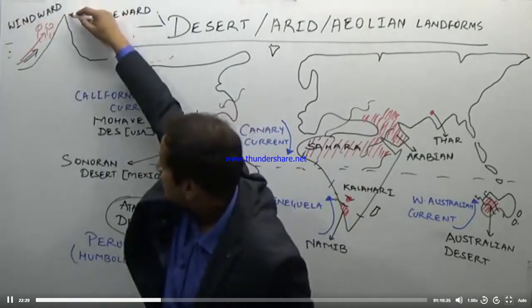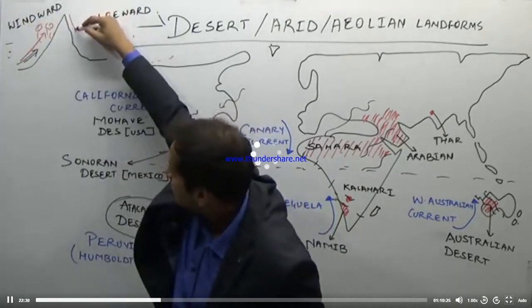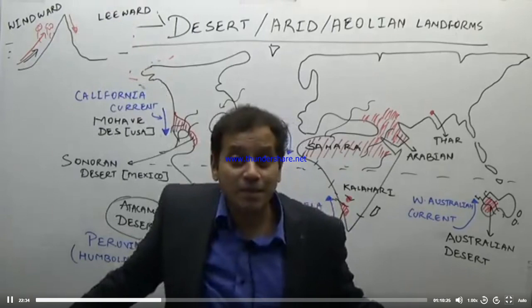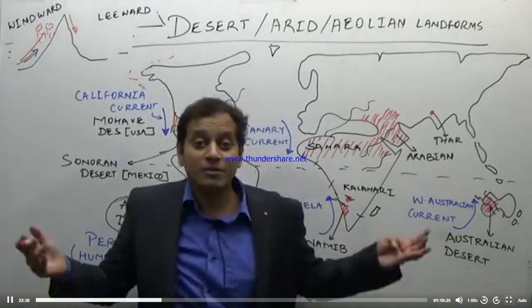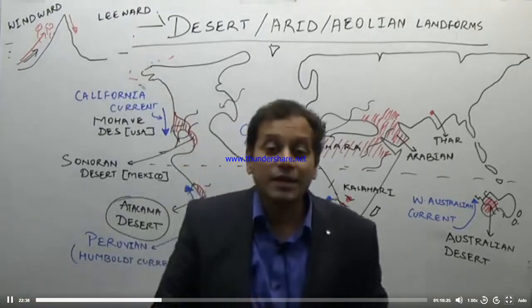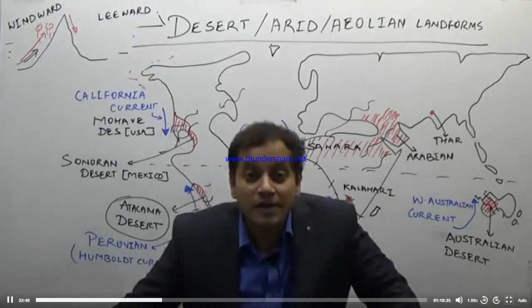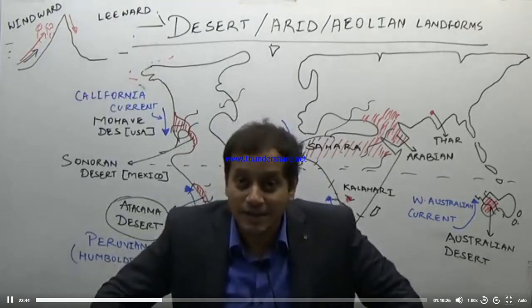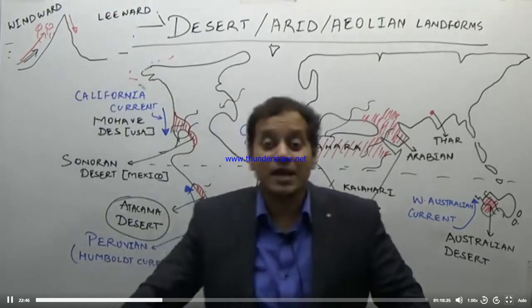But while crossing the mountain, the wind will come down, increase in the temperature, and as I told you, it develops into a high pressure belt, and therefore no rainfall in this region. So it does not give any kind of rainfall in this region. Therefore, these are the dry regions.